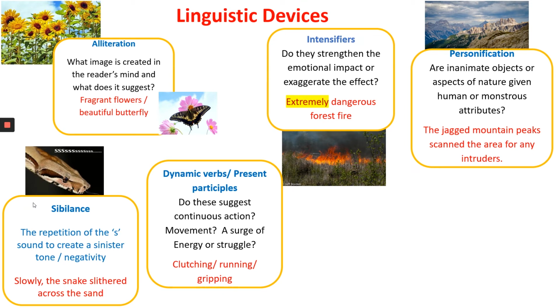Now that would be an example of your dynamic verbs. That's your clutching, screaming, running, gasping, panting for breath. That is definitely your example of dynamic verbs, which again show struggle, continuous action. It picks up the pace of the text.